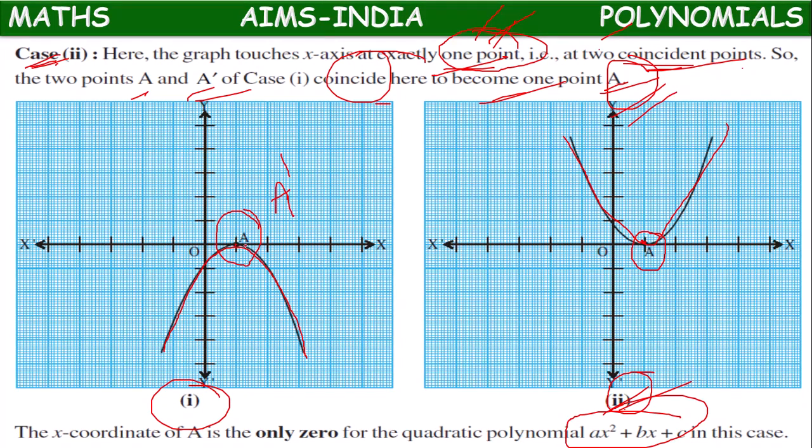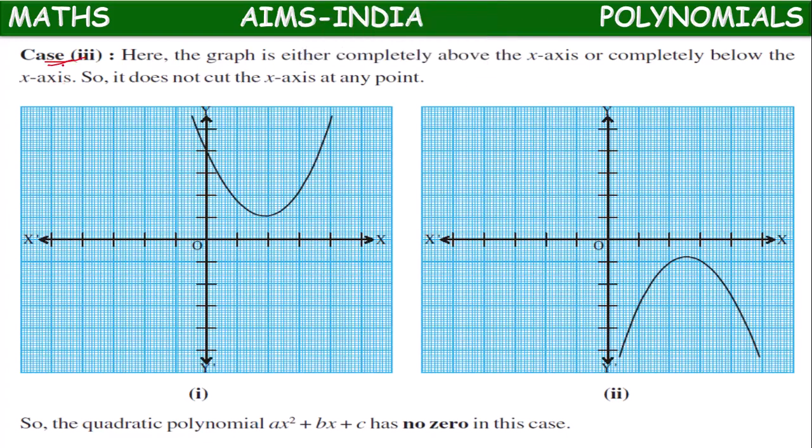Both of them are coinciding with one another. So this is case 2: if we draw a curve for a quadratic polynomial, the parabola will have two zeros which are equal to one another.